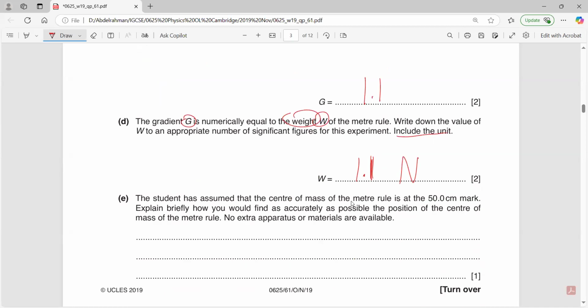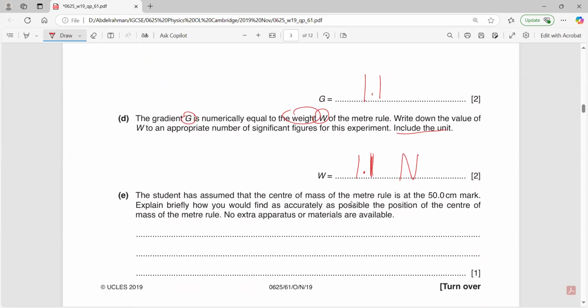The student has assumed that the center of mass of the meter ruler is at the 50 centimeter mark. Explain briefly how you would find as accurately as possible the position of the center of mass. How would you find the center of mass if it's not exactly at 50?